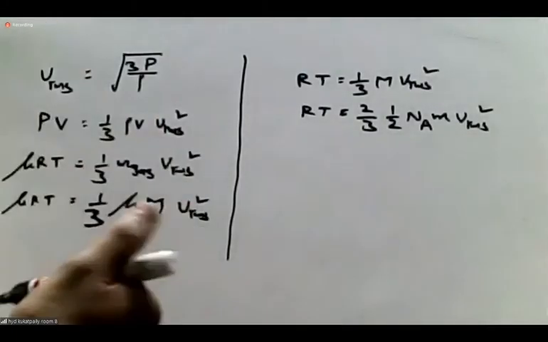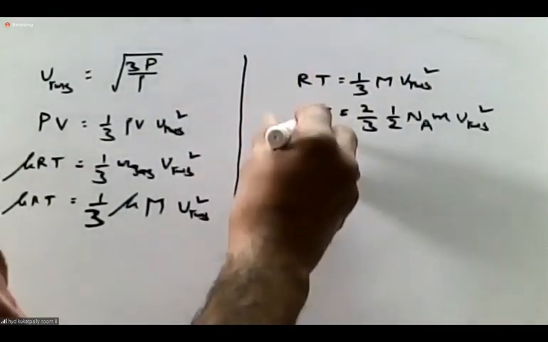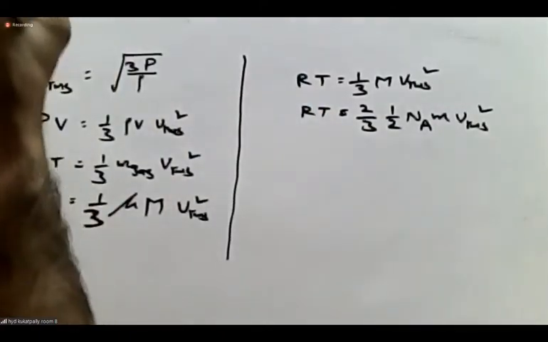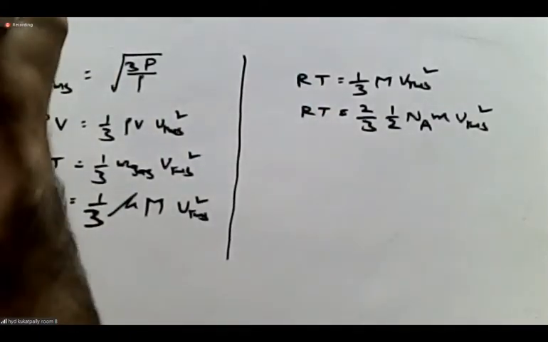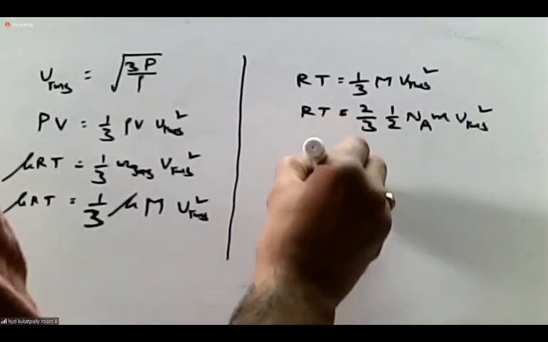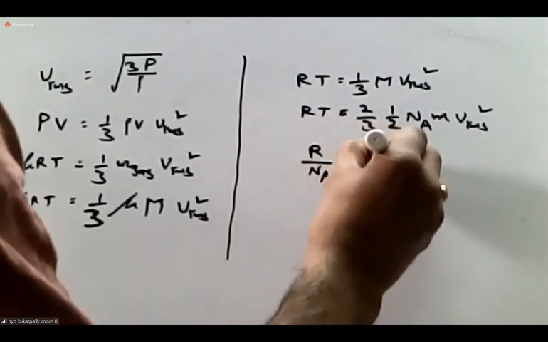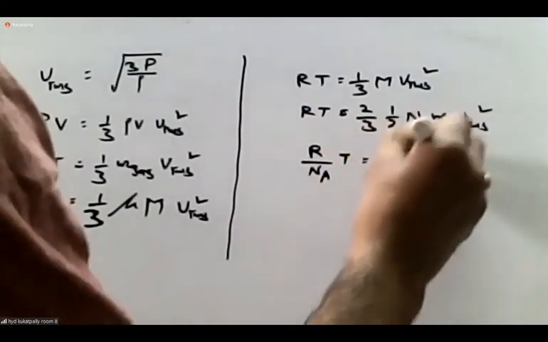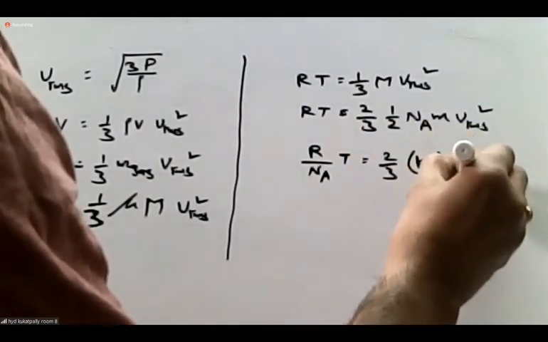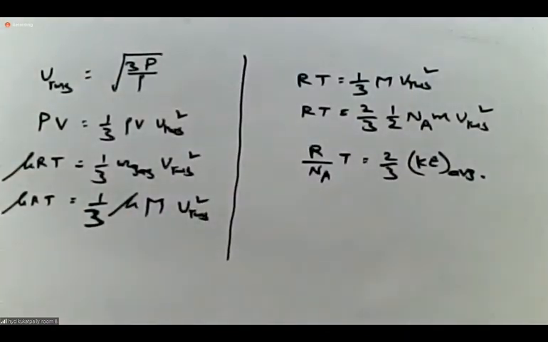Now, the Avogadro number, bring it to this side. This is R by Avogadro number into T is equal to 2/3 of the average kinetic energy per molecule, half m v_rms squared.